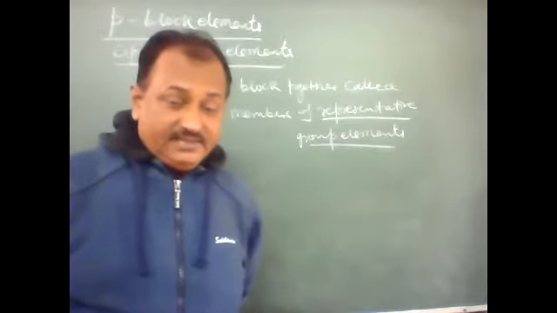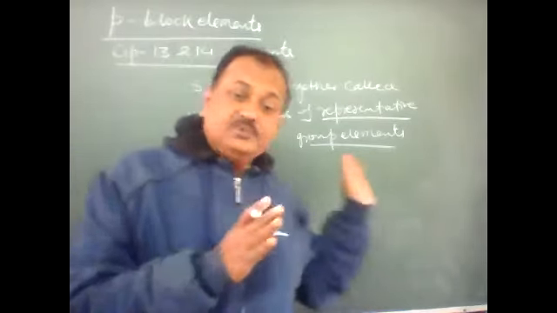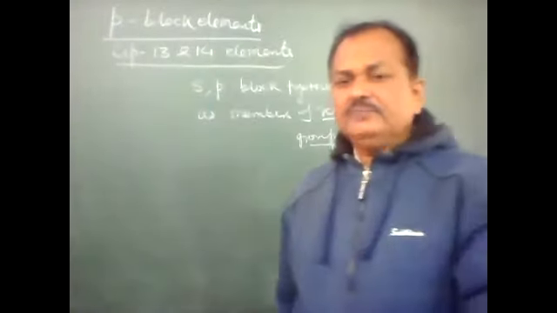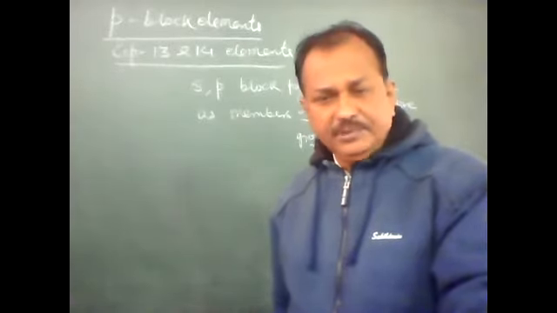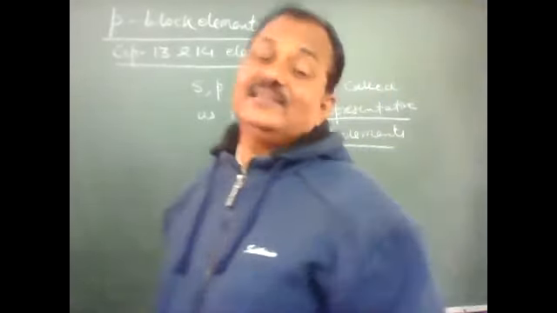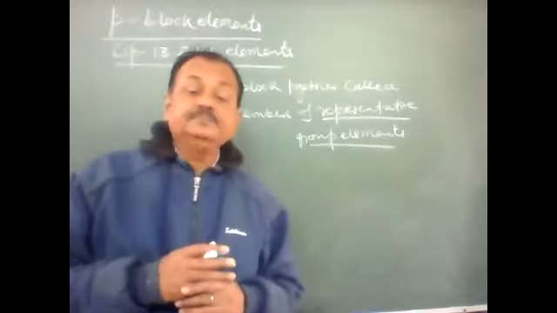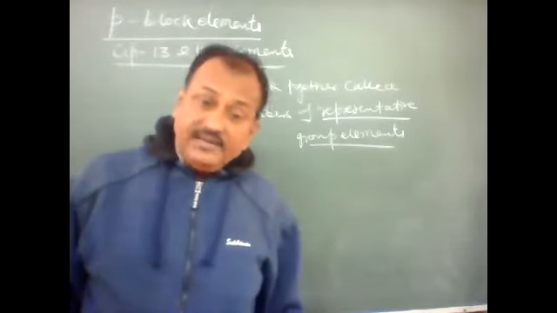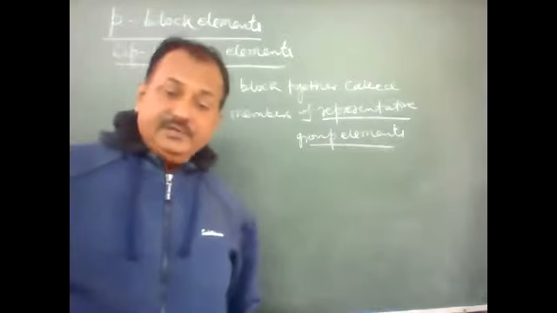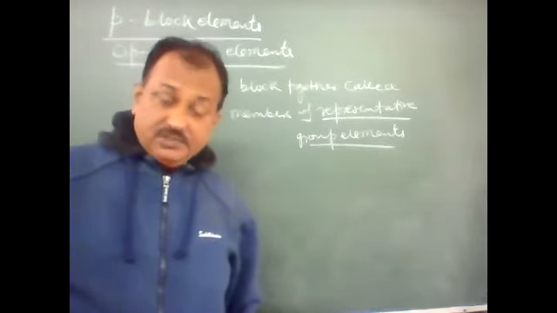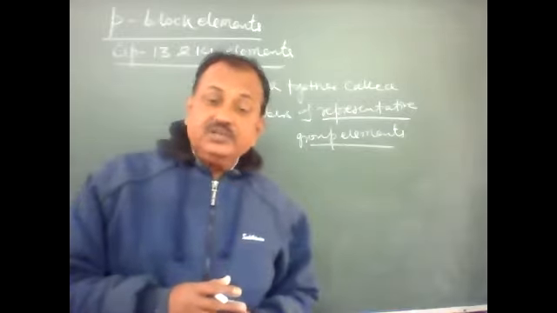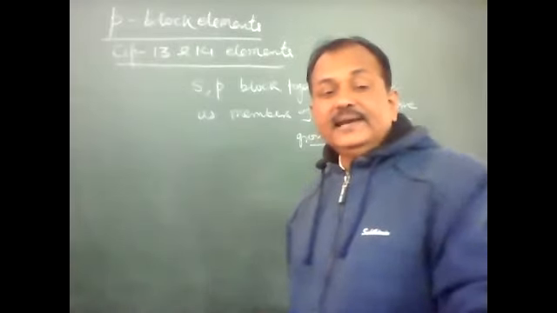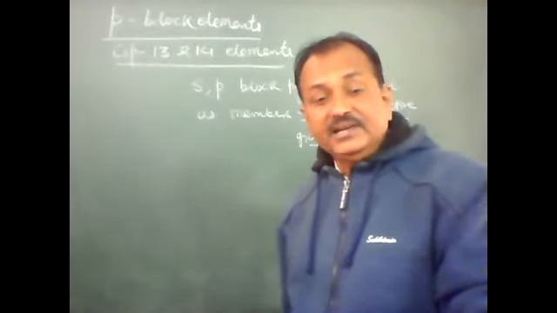Because, as I have drawn in the periodic table, the larger portion of the periodic table is occupied by S and P. Once again I am repeating that the members of S and P block are called representative elements because they constitute a larger portion of the periodic table, and hence we use the term that S and P together are called representative block elements.